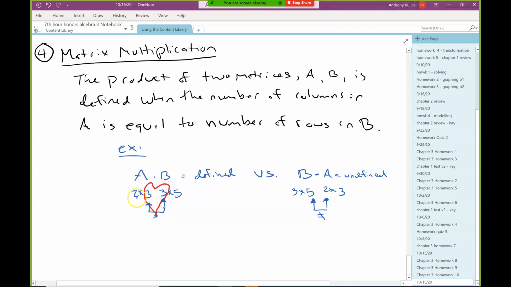And when two people fall in love, sometimes they'll have a child, and that child will look a little bit like the first person and a little bit like the second person. So the matrix that results from A times B will be, in this case, a 2 by 5. It'll be the number of rows from the first matrix by the number of columns in the second matrix. Isn't that romantic?